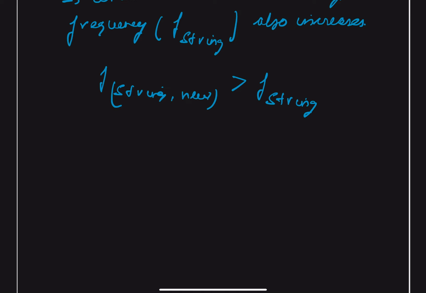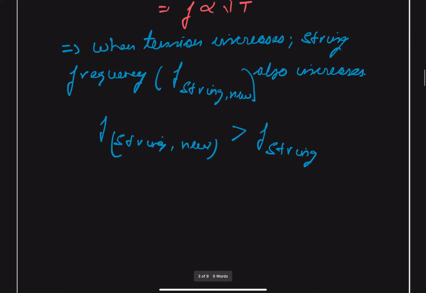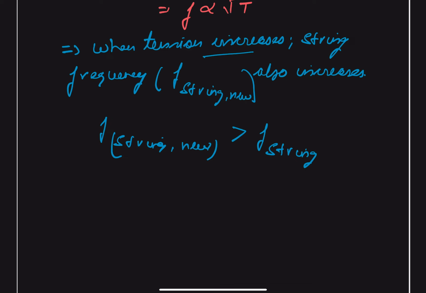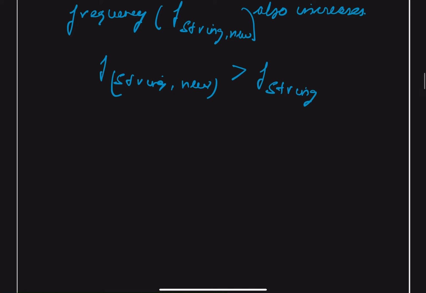So it means F string new is the frequency when the tension has been increased. As the tension increases, the string frequency, represented as F string new, also increases. Therefore, the value of F string new will be greater than F string, and F string we already found out is 340.